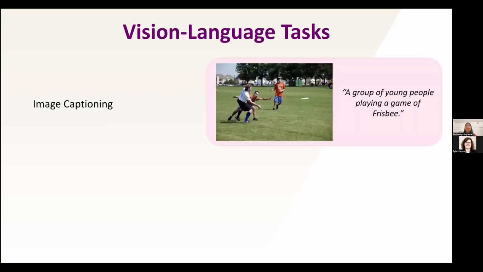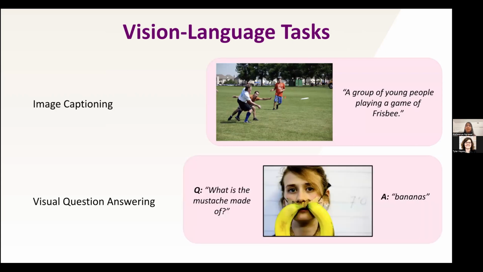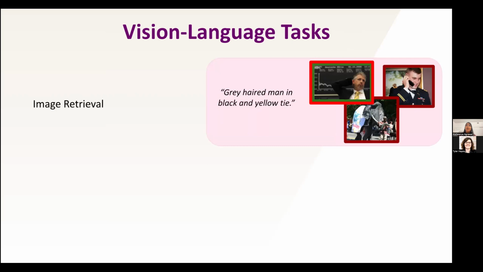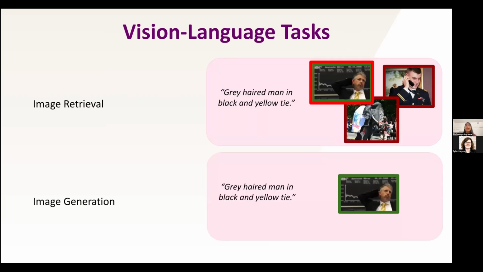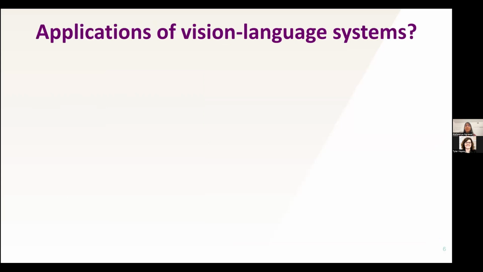But what if you wanted to do image captioning, generating captions for images, or visual question answering, or image retrieval, where you would want to retrieve images based on more fine-grained differences, such as a man with a black and yellow tie? And what if you wanted to do image generation conditioned on language altogether? Just by connecting language with vision, you can do a lot more interesting things than image classification or image text matching, as we were doing in CLIP.